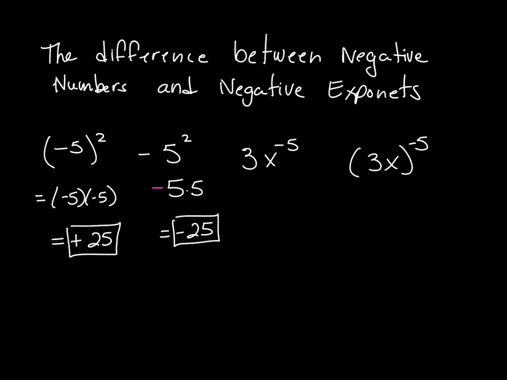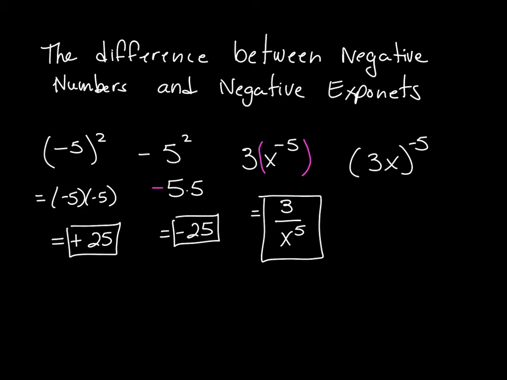Now here, hopefully the use of the parentheses has gotten to you by now, and you see that the only thing that's being raised to the negative exponent is the x. So this one, the 3 stays in the numerator, and x to the 5th goes to the denominator.